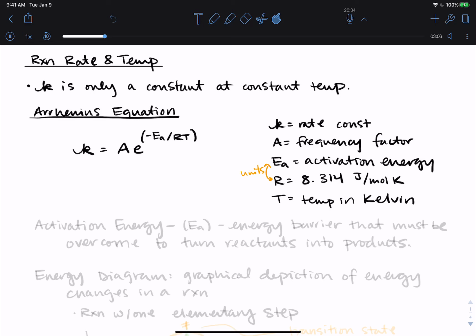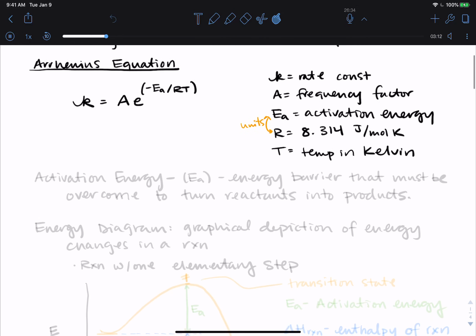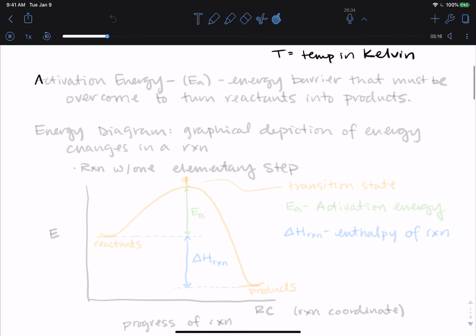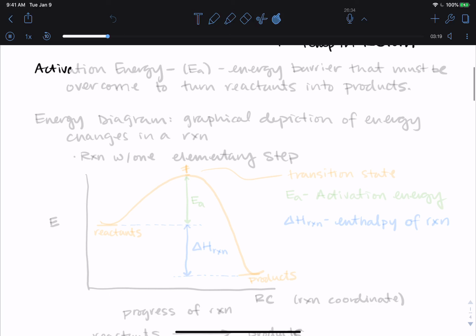So what we're going to do next is define a couple of these things. I want to do activation energy first because we need to talk about another type of graph. So activation energy, this E sub A, it's an energy barrier.